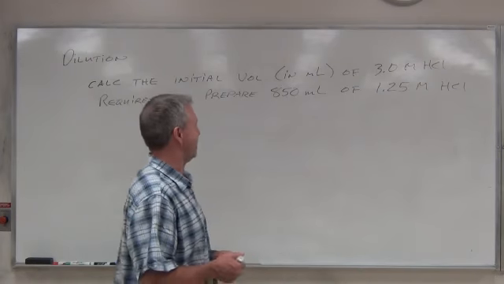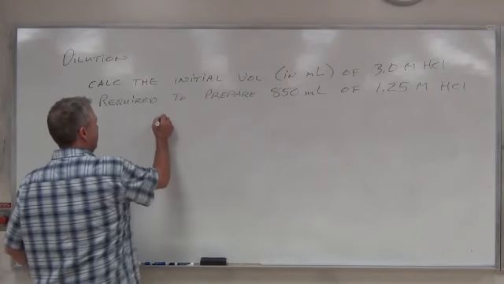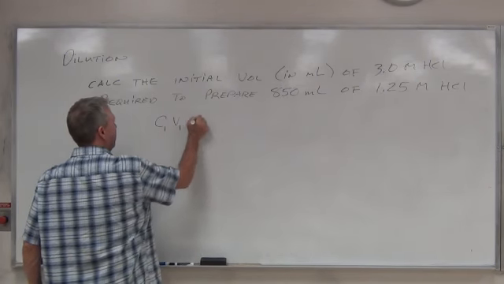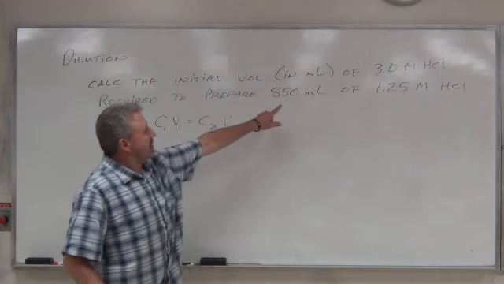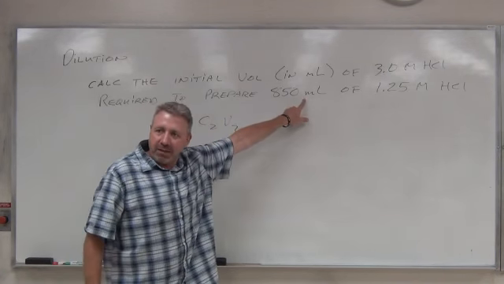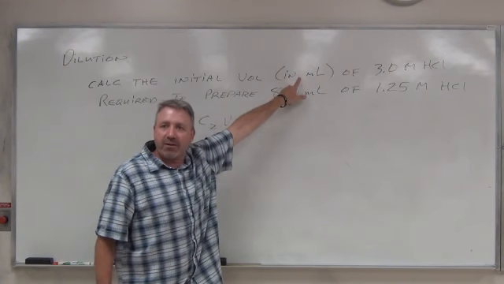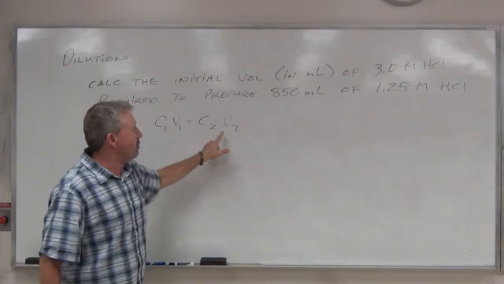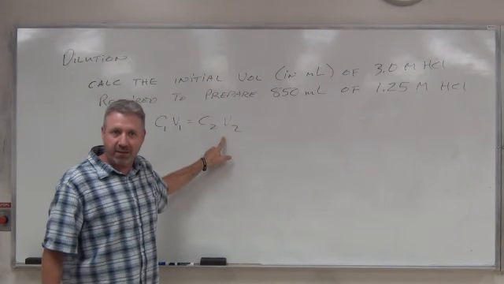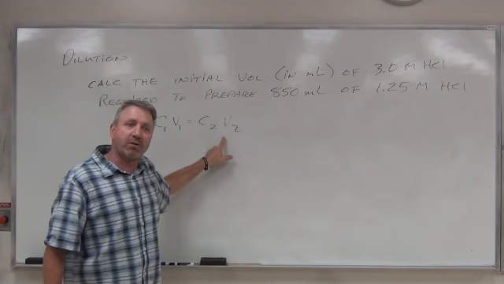354? Let's see. We have C1V1 equals C2V2. Now, you see that your volumes are given in milliliters here, and that you're asked for your answer in milliliters. Because they're the same unit, you don't necessarily have to convert these in order to get the right answer.